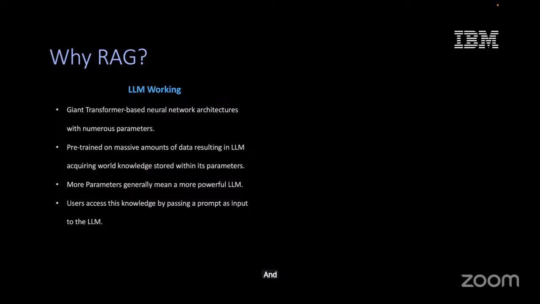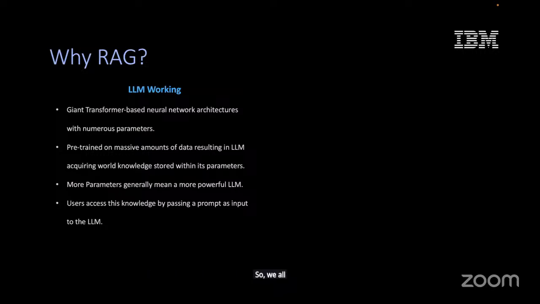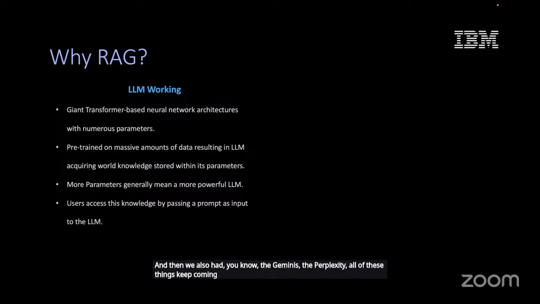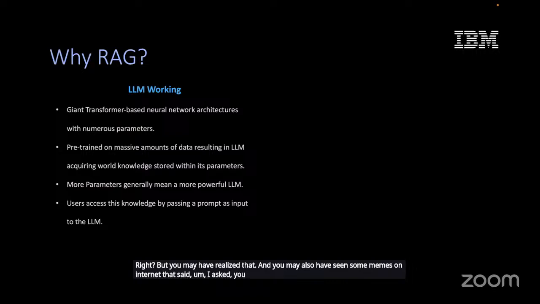And users generally access this knowledge by passing in a question, which is also known as a prompt in the LLM terminology. Now, we all agree that LLMs were working fine. So when ChatGPT came out, and then we also had the Geminis, the Perplexity, all of these things keep coming out, right? But you may have realized that, and you may also have seen some memes on the internet that said, I asked, is 4 plus 5 greater than 10?